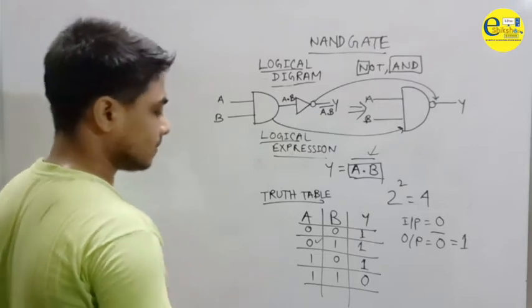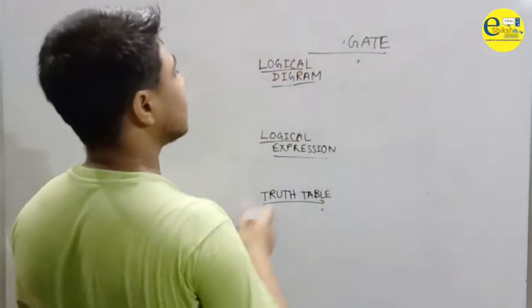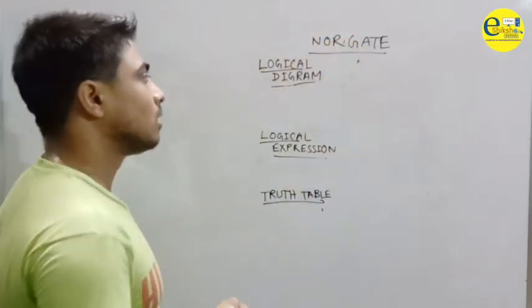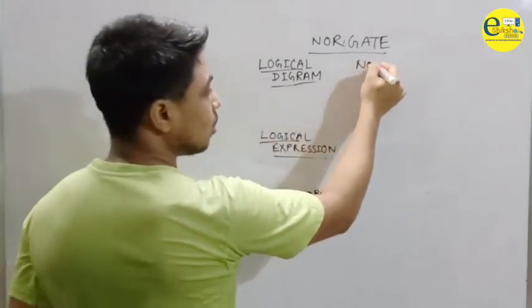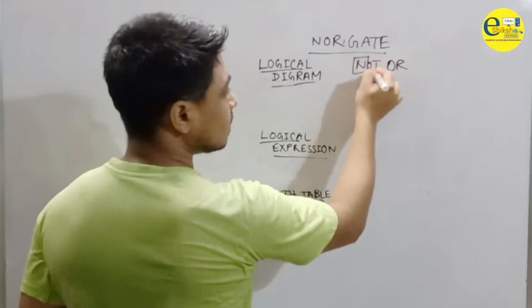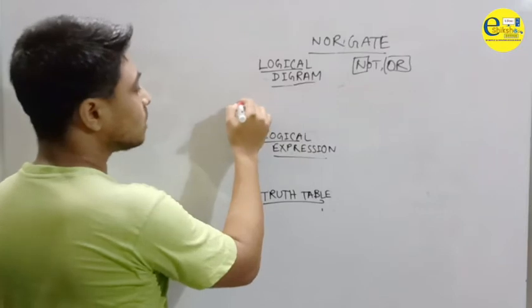It is very simple. So now let's move on to the next gate, that is the NOR gate. In case of the NOR gate, it is a combination of NOT and OR, so together it is called the NOR gate. So how to draw the NOR gate using basic gates?